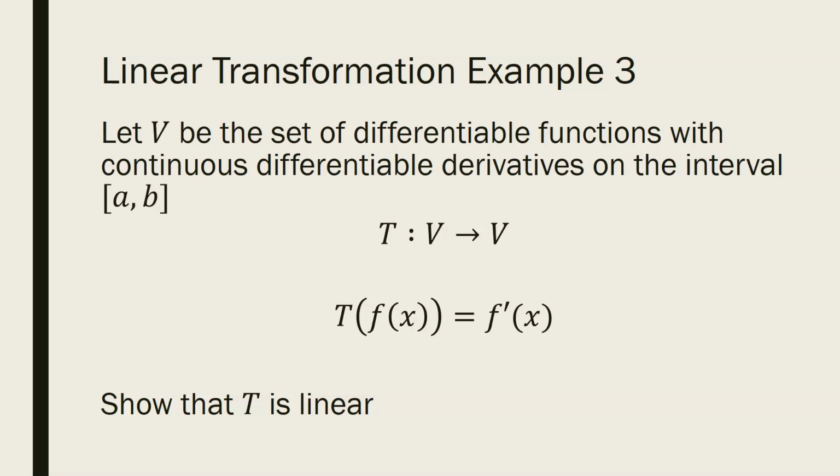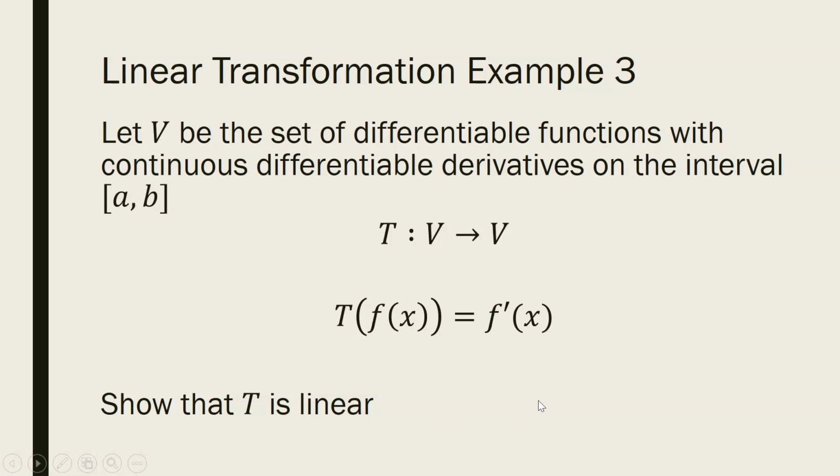And our operator is going to take such a function and just spit out the derivative. And we want to show that T is linear. So what we need to do is show that the taking of derivatives preserves addition and preserves scalar multiplication.